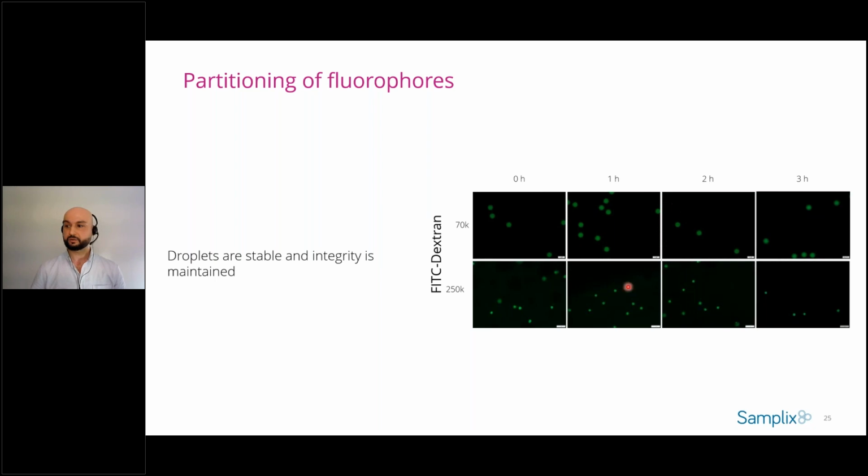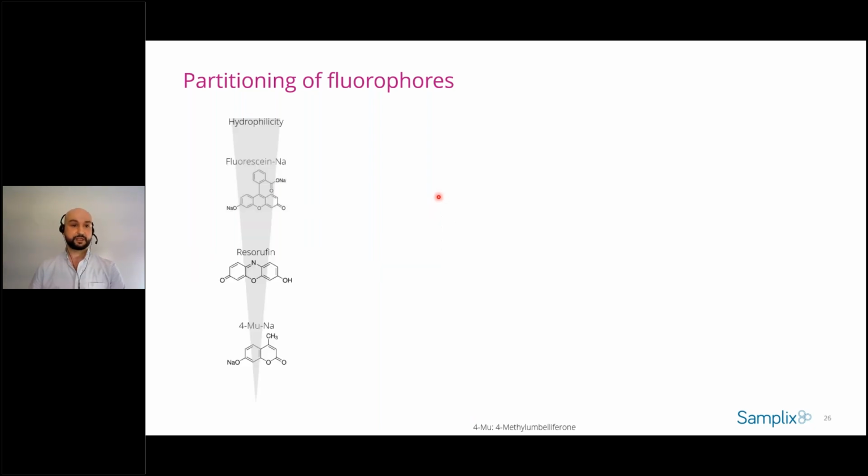Initially, we started out by encapsulating a large polymer, in this case FITC-labeled dextran, in order to see how the droplets behave, whether they are stable and maintain their integrity over a different time span, over 3 hours. So we saw the droplets are stable, and we proceeded with the analysis.